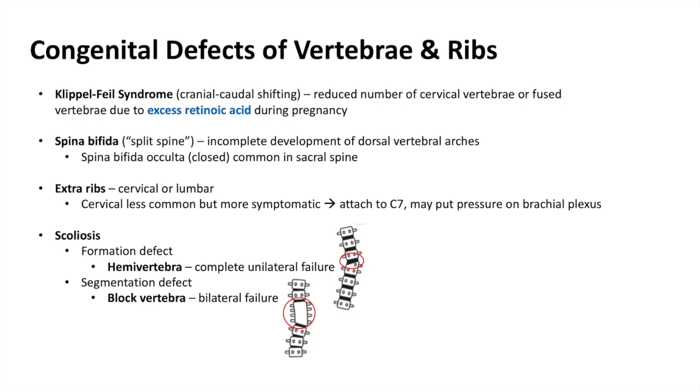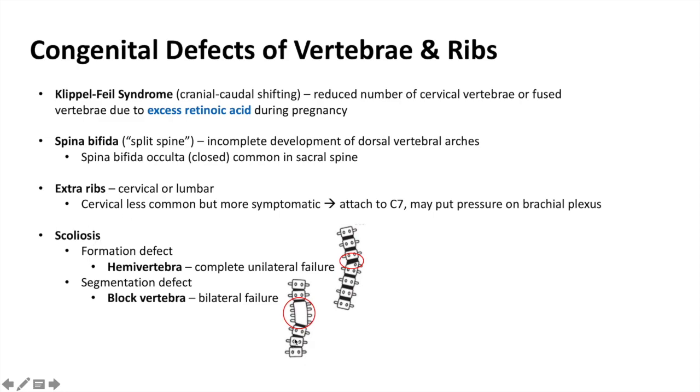If it's closed, it's called spina bifida occulta, and that's pretty common. People may not know that they actually even have it, but it is a type of spina bifida. It's not the severe type that you usually hear about. You can actually get some extra ribs that are either cervical or lumbar. Cervical are less common, but they usually attach to C7 and they put pressure on the brachial plexus, so usually they end up having to be removed.